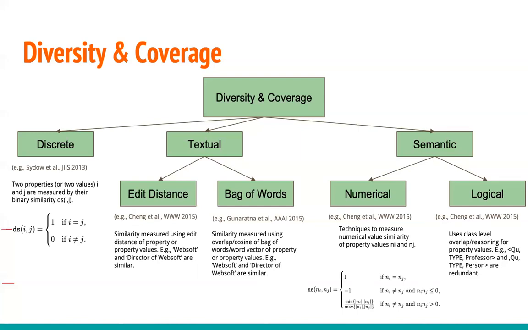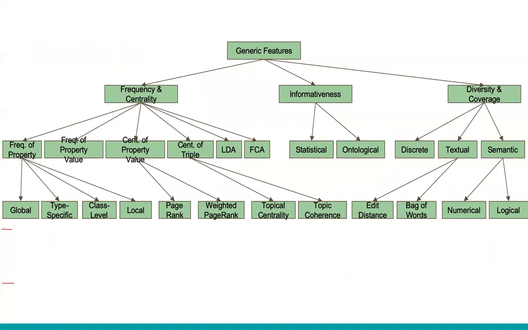So we have looked at different ways of computing these technical features. If we put them all together, we have this breakdown. We have generic features, and they can be categorized into three different items: frequency and centrality, informativeness, and diversity.